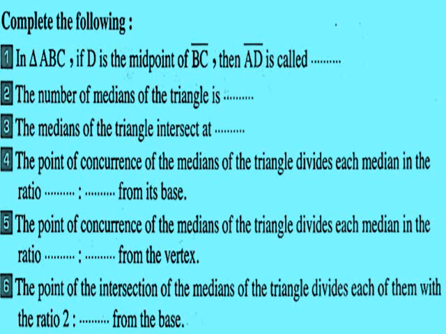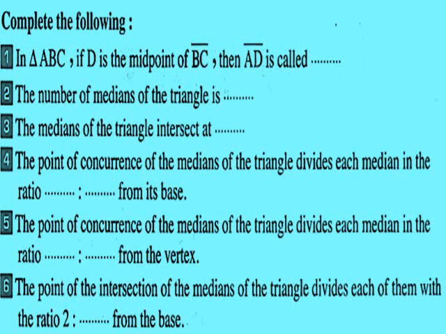This point is called the centroid. The point of concurrency of medians, the centroid of the triangle, divides each median in the ratio 1 to 2 from the base. Do you remember that? From 1 to 2 or 2 to 1? Yes, 1 to 2.